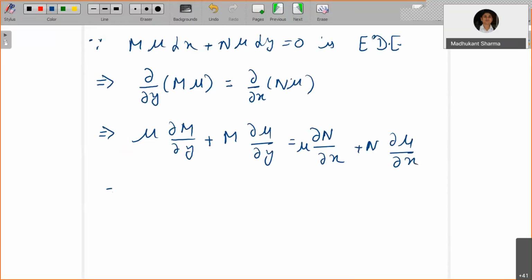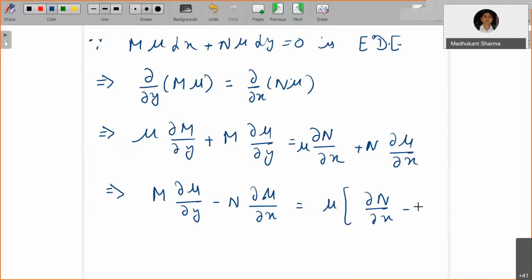Now mu is common here, so I will write M times dou mu by dou y minus N times dou mu by dou x equals mu times (dou N by dou x minus dou M by dou y). I just rearranged the terms on the left and right sides. I think that is very easy to verify, and everything is simplified.